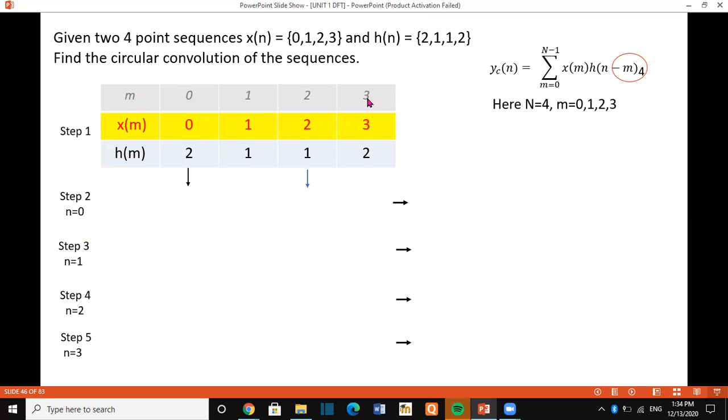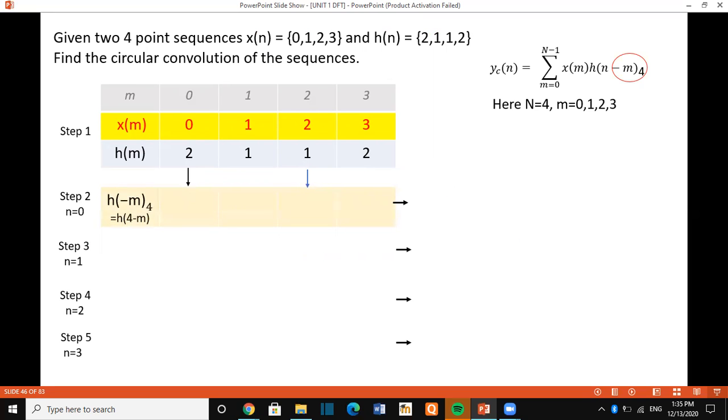Because the range of m is 0 to capital N minus 1, and capital N is equal to 4 here. Then below that we write x of m, which is equal to 0, 1, 2, 3, since we have changed the index from n to m. Similarly, we write h of m, which is equal to 2, 1, 1, 2.